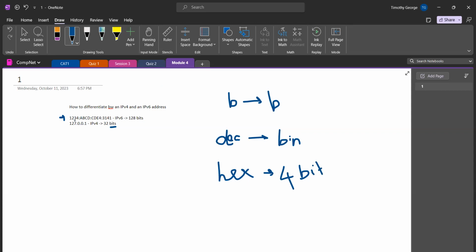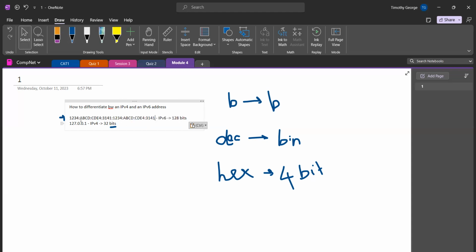Here you can see how many: 4, 8, 12, 16. 16 in total here. So 16 into 4, 64. That's how many bits are represented in just this much. So you're missing some. An actual IPv6 address would have this many more.